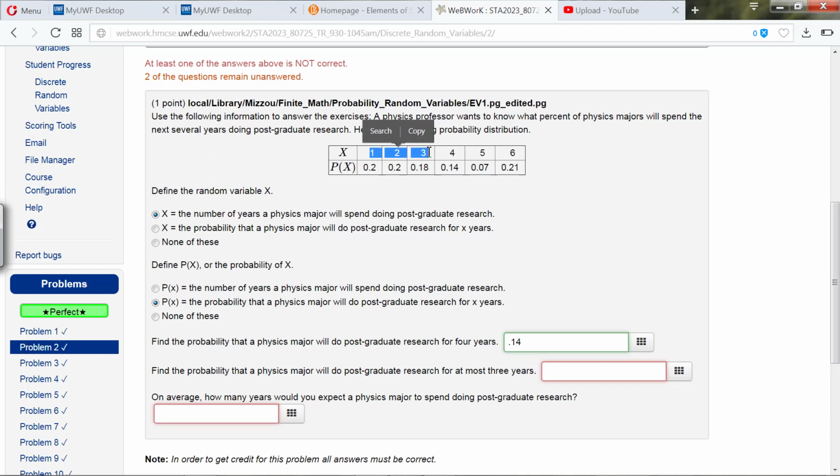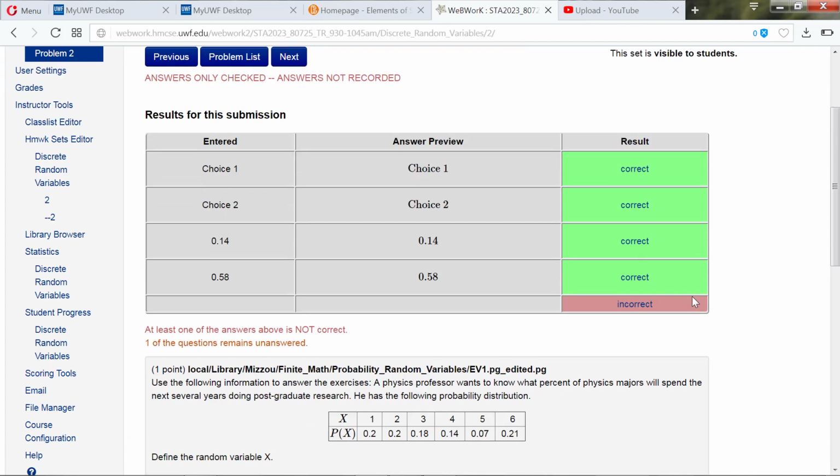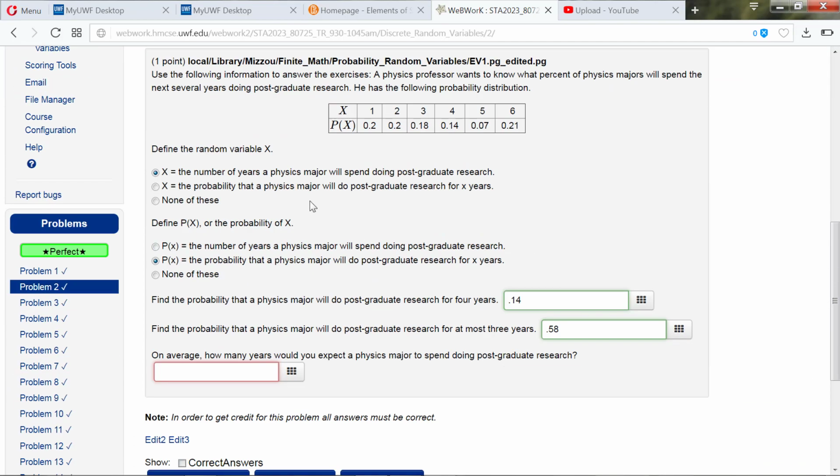Those are the three events that we're going to identify, and we want to know the probability that any one of those three events will occur, okay? So that's the sum of those numbers. So it's 0.2 plus 0.2 plus 0.18. So that's going to be 0.58, okay? Because 0.2 plus 0.2 is 0.4 plus 0.18 is 0.58. So we'll put in 0.58, and we will check answers, and there we go. So we have that taken care of.